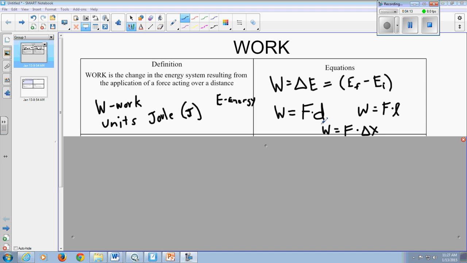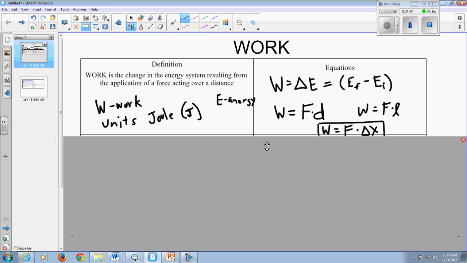It's just a matter of preference. I'll often prefer in my class to use this equation. Schwab's class may use this equation, or this one. Actually, likely this equation, the force times L for distance.